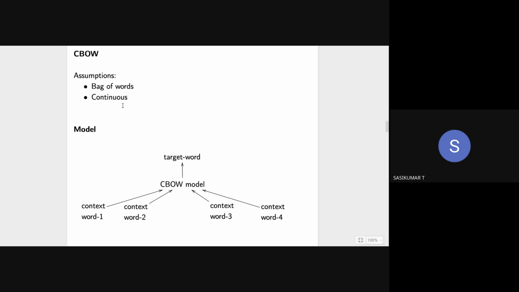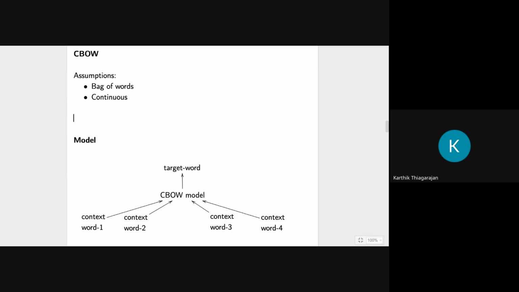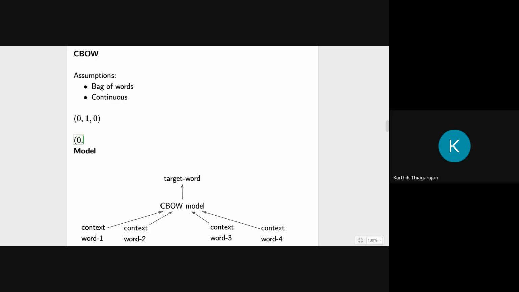How are you representing a one hot vector? As discrete entities, like 1 0 0, 0 1 0. A word vector in R^3, for example, can be 0.1, minus 0.5, 1.5. Not only integers but also real numbers. The whole idea of continuity comes from working with real numbers.